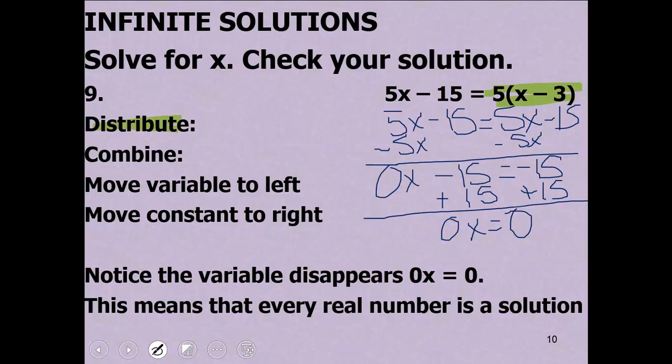So no matter what I put in for x, if I multiply it by 0, my answer is always going to be 0 because that is the multiplication property of 0. Okay? So whenever you end up with a situation like this, or 15 equals 15, or negative 15 equals negative 15, you can recognize it at any level during the process. That means that you have infinite solutions. Infinite solutions.